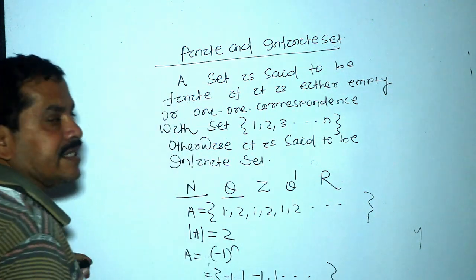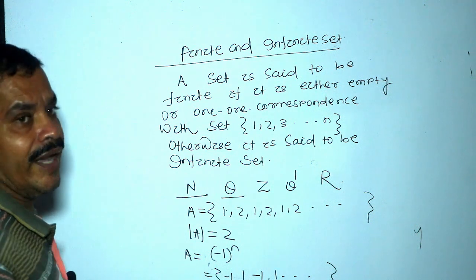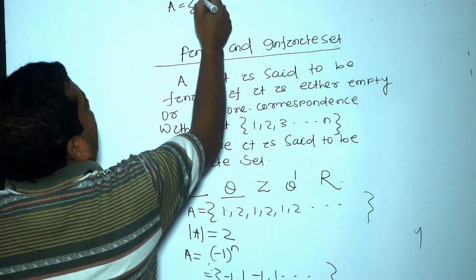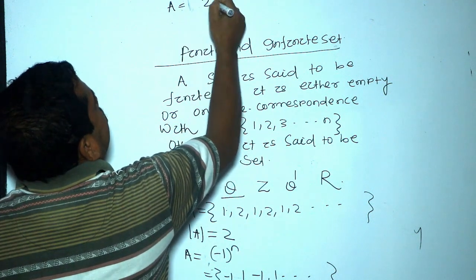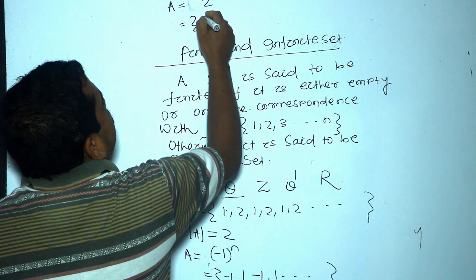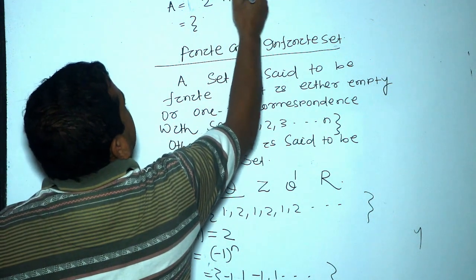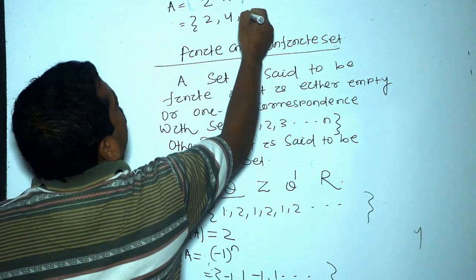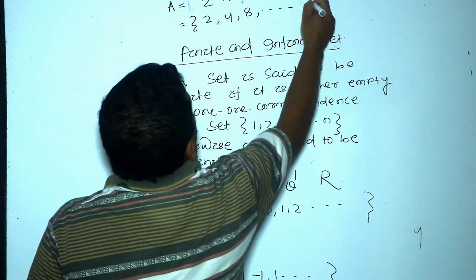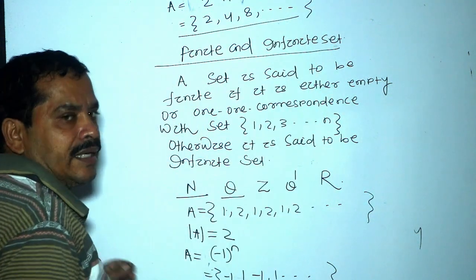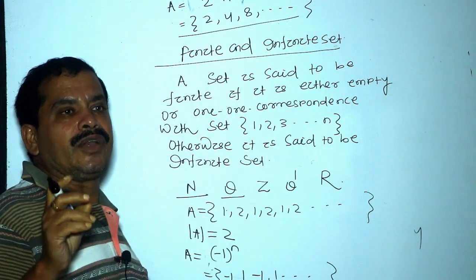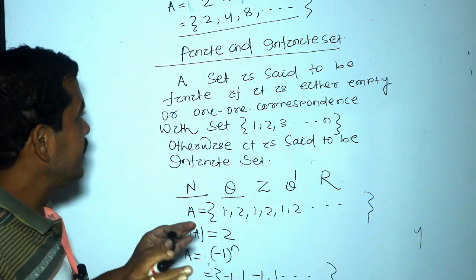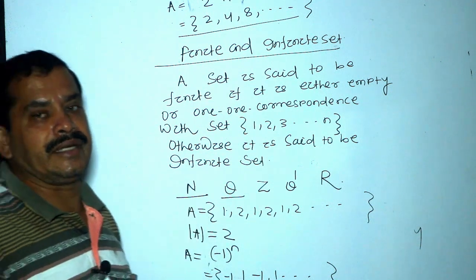This is also a finite set, not an infinite set. But if we take 2 to the power n, where n belongs to the Z set or N set, then the elements will be 2, 4, 8, and so on. This is an example of an infinite set. If the cardinality is finite, then it is a finite set, otherwise it is an infinite set.